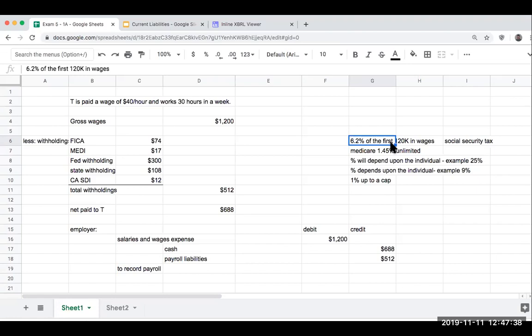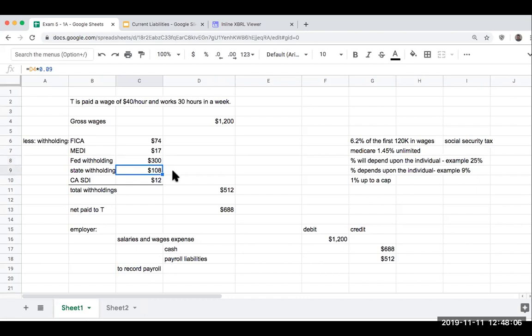You have to look at what those limits are. Medicare is 1.45% unlimited. So if you make $1 million, you're going to be paying 1.45% of that to the federal government. Federal withholding is something that as an employee, you make an election. I think it's done on a form W-4, where you go through and say, hey, federal government or employer, please withhold these amounts from my paycheck.